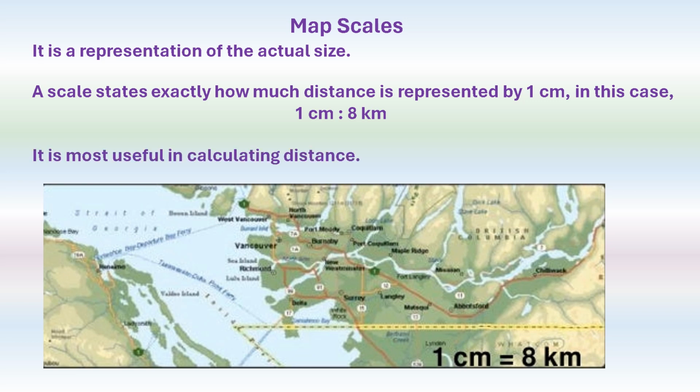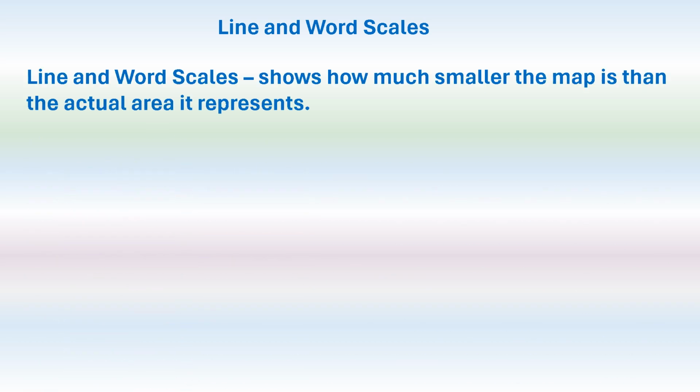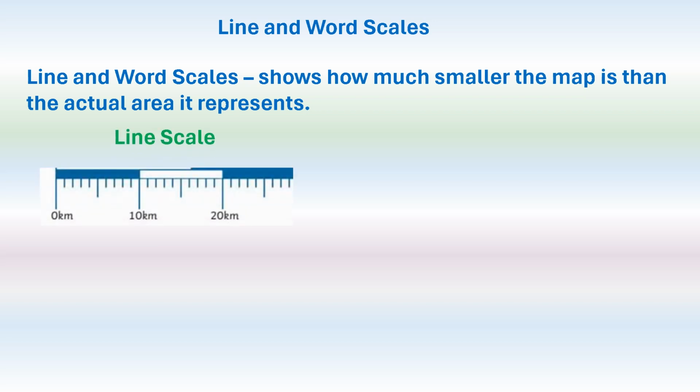Now, next I'm going to chat to you about a line scale and a word scale and the difference in how they are represented. The line scale is represented like this. We say 1 centimeter on the map represents 10 kilometers on the ground.